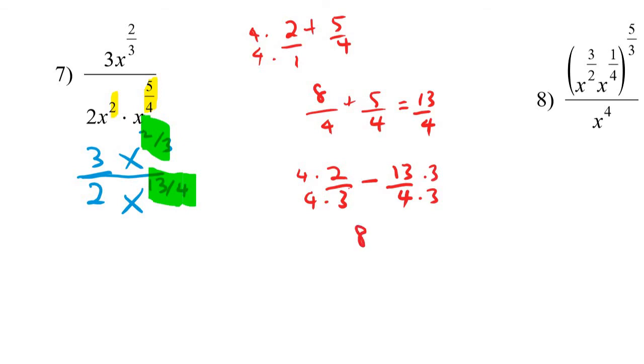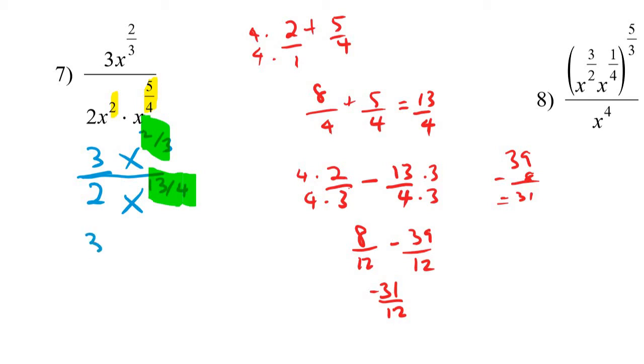So it will be 8/12 minus 39/12. If you do 39 minus 8, that's 31. So it will be 31/12, but it's going to be negative because it's subtracting a bigger number from a smaller one. So it's negative 31/12.